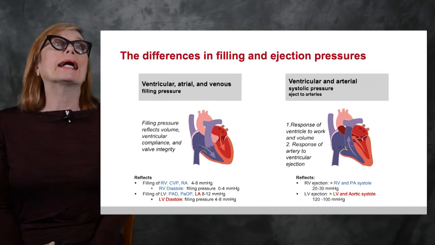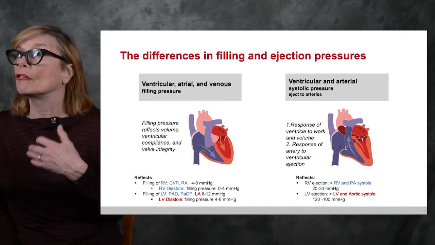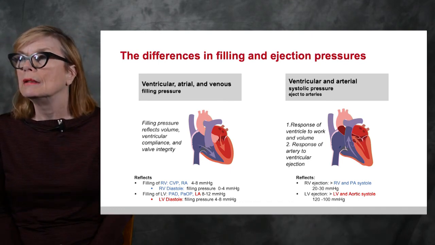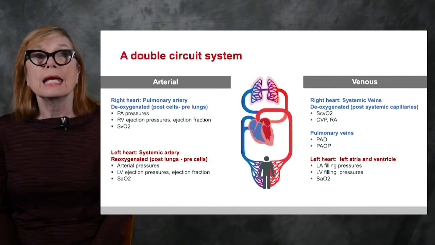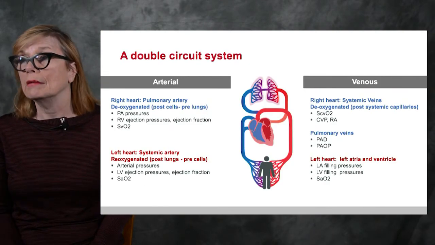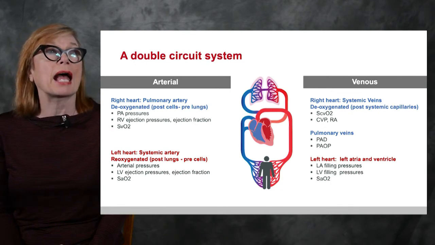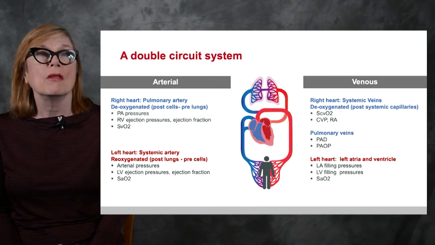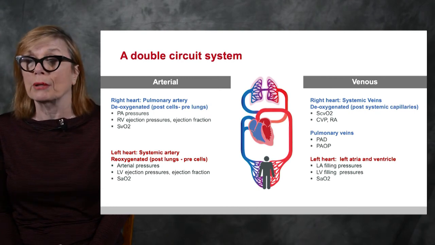And when they become more hypoxic, but the lungs are dry and the central veins are getting wet, that tells us about the right ventricle, even if we're not monitoring invasive hemodynamics. So that brings us back to the understanding of a double circuit system. The double circuit being both deoxygenated and reoxygenated blood flow.